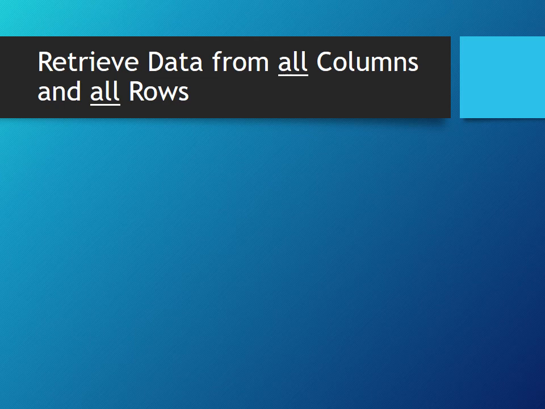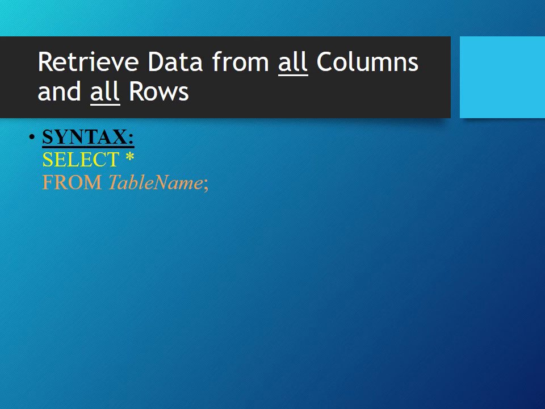For our first example in this video, let's take a look at the syntax for retrieving data from all columns and all rows. As you can see, the basic syntax uses the select from keywords mentioned previously. You use an asterisk to indicate all columns and all rows in the select clause.